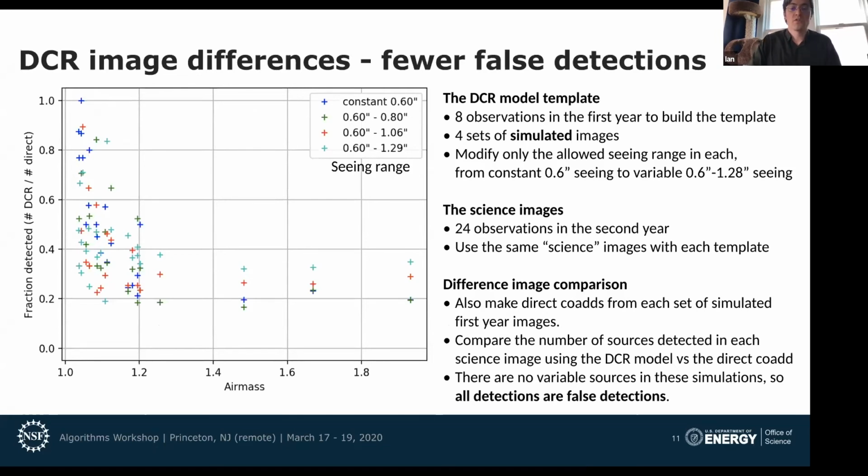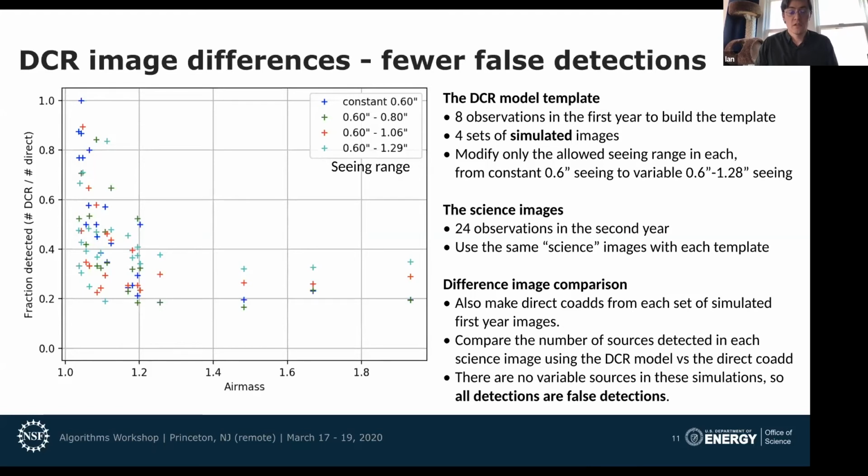There's a lot of words on the right, in case people are particularly interested in exactly what's going on in here. I'll just highlight a few things. This is showing 4 different sets of simulations. The first, with the blue, is when the seeing of the input observations are all constant.